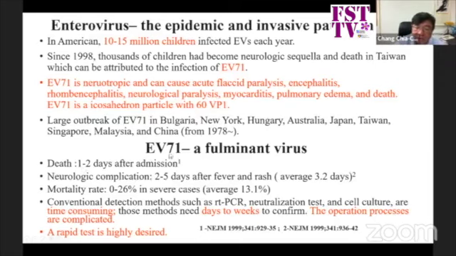Because this virus is really prominent, the patient may die within 1 or 2 days after admission. They have a lot of neurologic complications, and on average it is about 3 days, and the mortality rate can be up to 26% in severe cases.